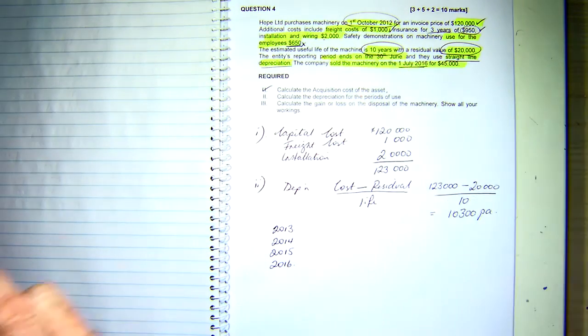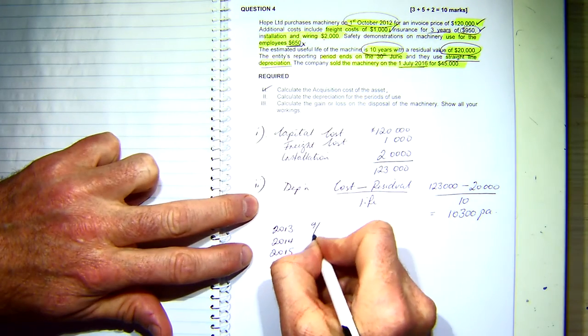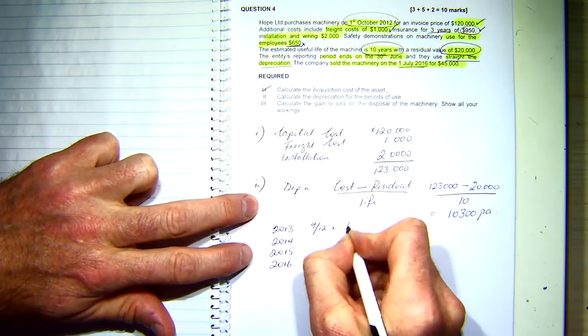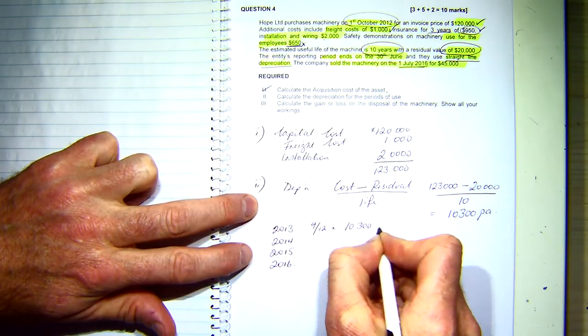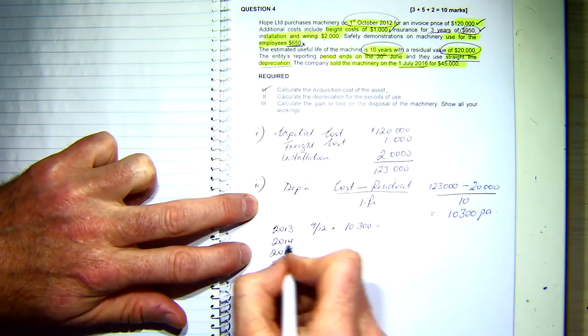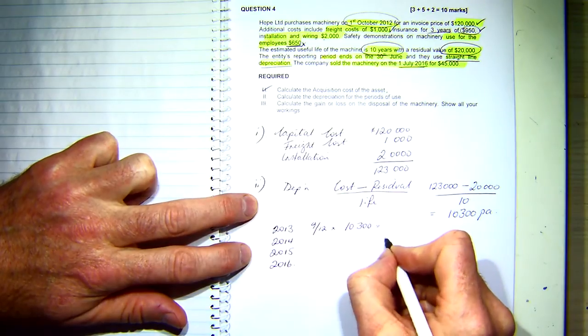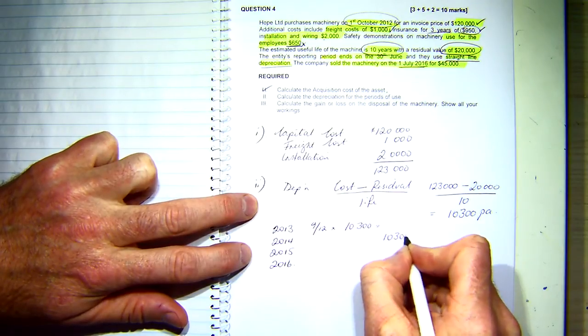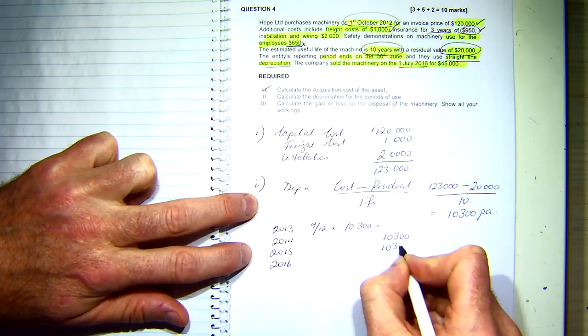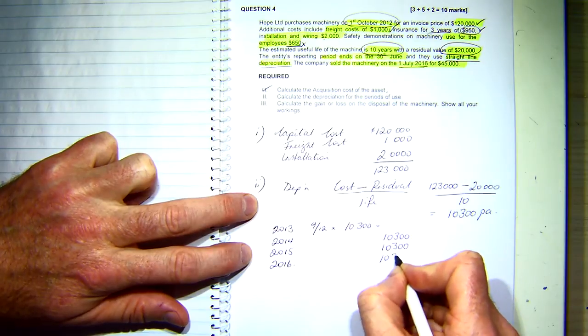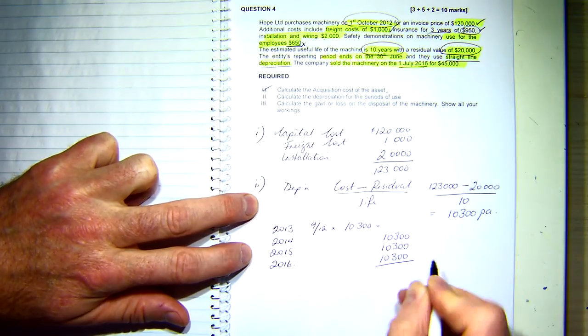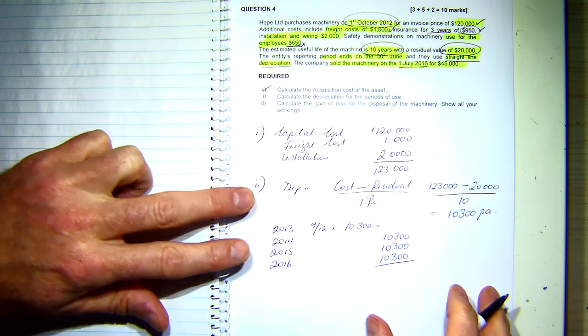So we've got 9 months. So we've got 9/12 times 10,300, and then we've got full years for each year after that. So it'll be 10,300, 10,300, 10,300, and that'll be my full depreciation.